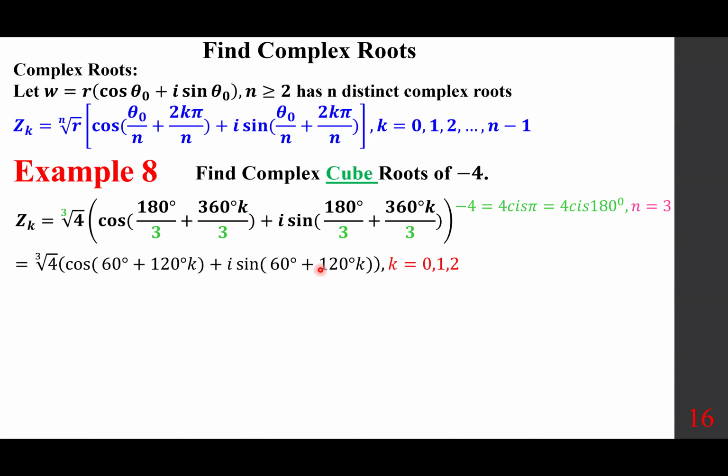And the same thing happens here. And k is all the numbers all the way to n minus 1. k must be 0, 1, 2. Stop. If you go to 3, you get this back. Class, 3 times 120 is 360, so it goes a complete revolution and comes back to 60. That's why you stop.